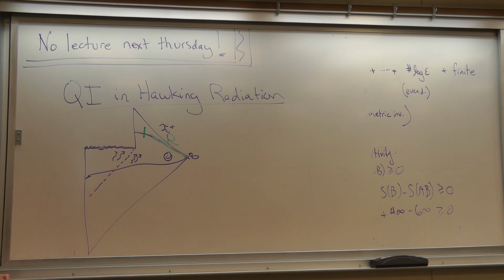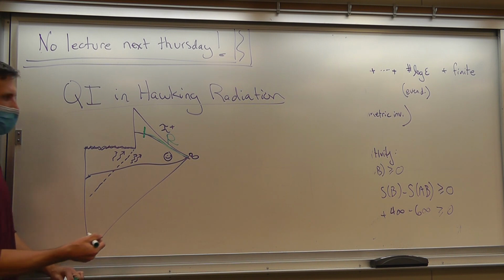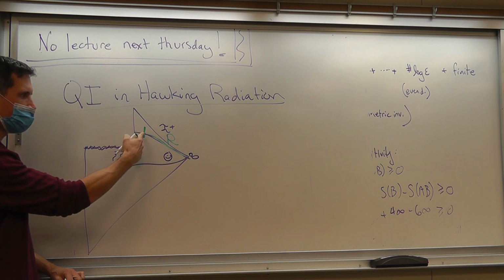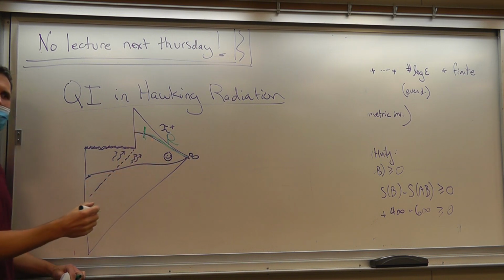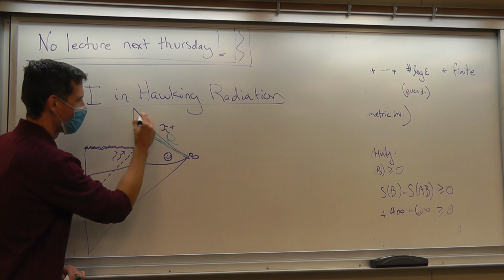That region contains a bunch of the Hawking radiation. Depending on exactly where I put the endpoint here, it may contain hardly any Hawking radiation, or a lot of Hawking radiation, or all the Hawking radiation.